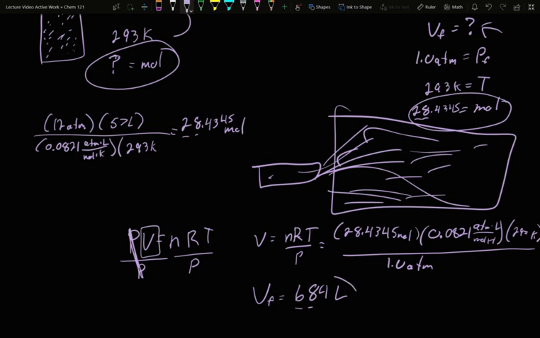So I've got about 680 liters of volume, which actually isn't all that much. This is actually a pretty small tank. 12 atmospheres is pretty low compared to what these can fill a room with. Generally, you'll have something that's up around 120 atmospheres, and so this will be 6,800, which is almost 7 cubic meters.